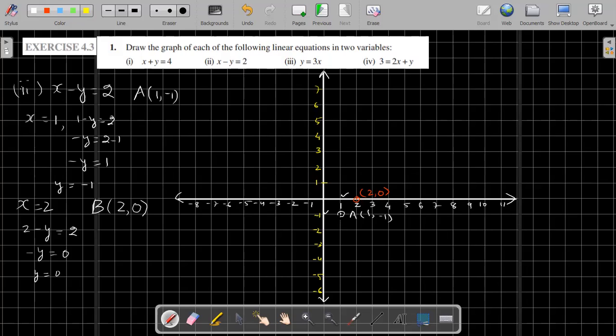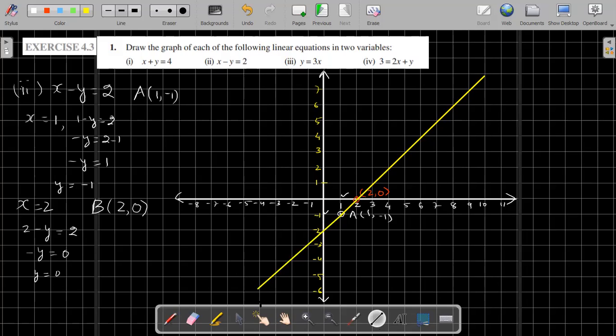Now we have to join these 2 points. Join this point A with point B and draw the line, and you can extend this line till here.